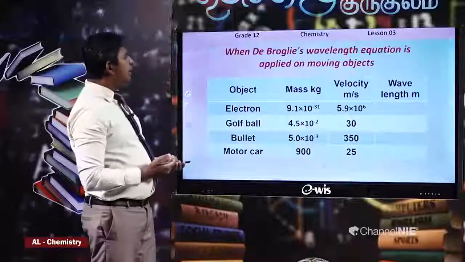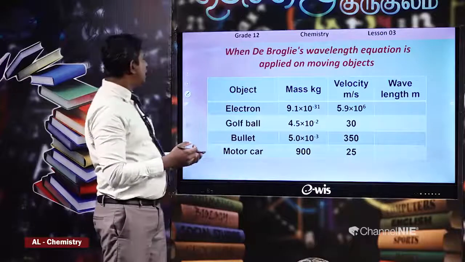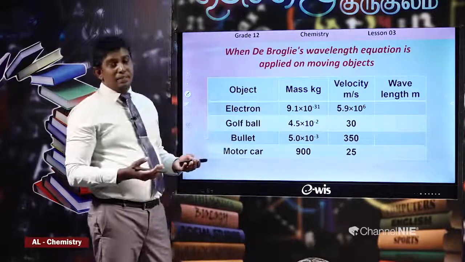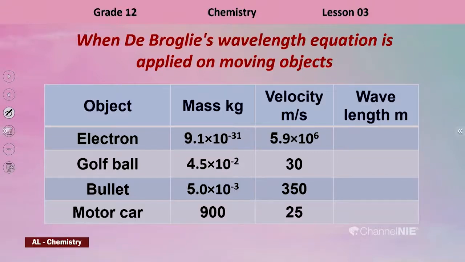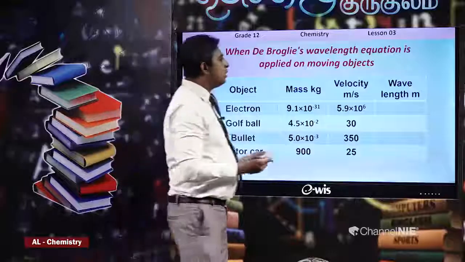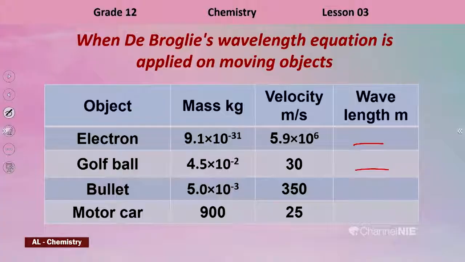So then when we try to apply that concept that moving matters with a speed carry wave behavior, we could suggest some wavelengths on those. So we could apply these values. It's an electron with this mass moving in this speed or velocity, let's say.